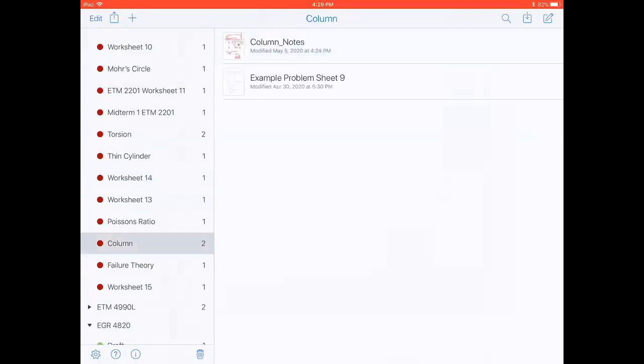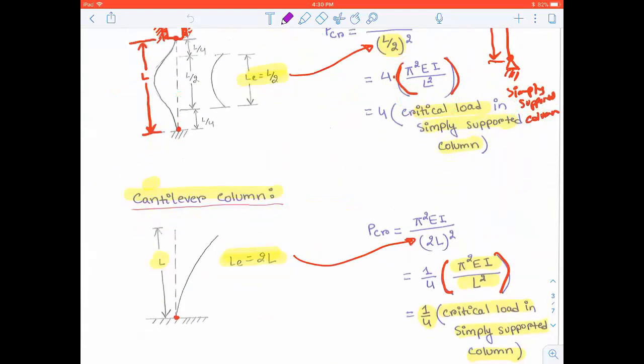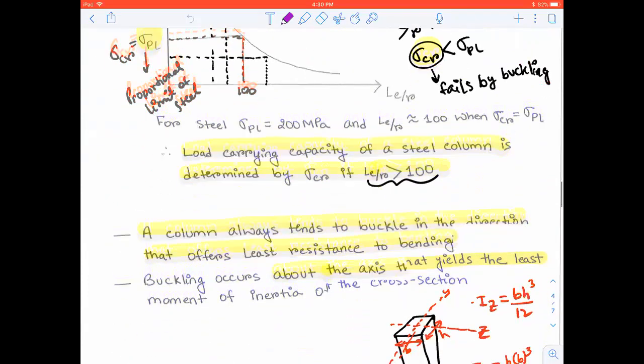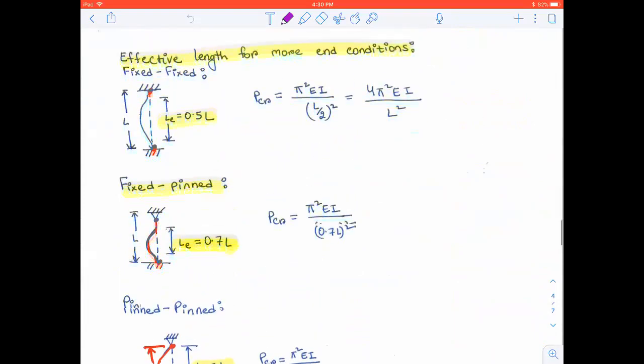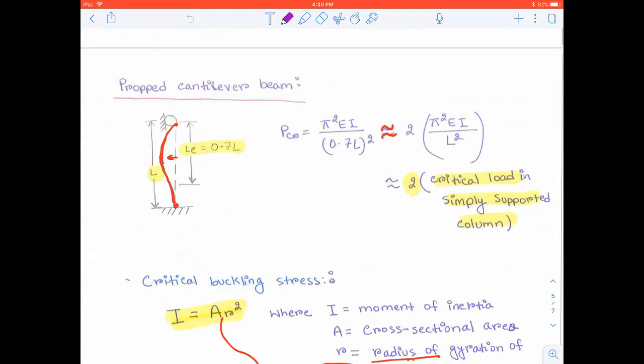If I go back here, this is a totally cantilever column, meaning it's completely free at one end, and here is the propped one. In the propped one, you cannot move in these two directions, but it's able to move in the vertical direction, not the lateral direction.